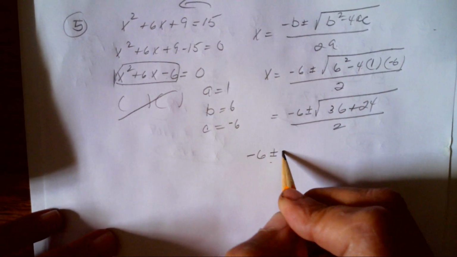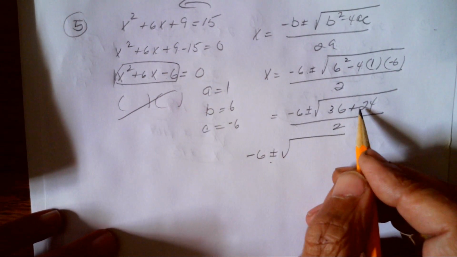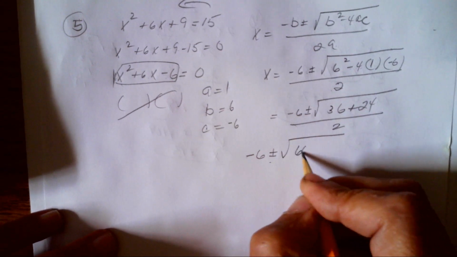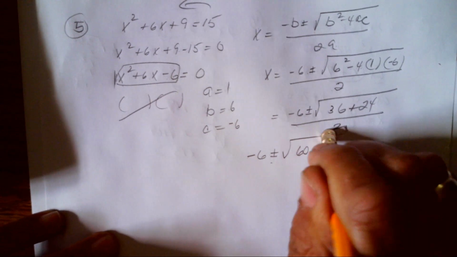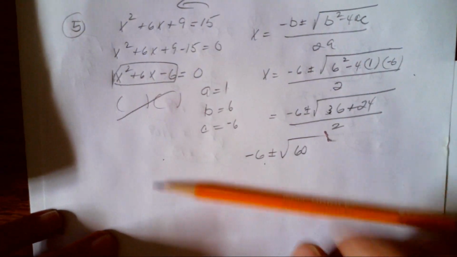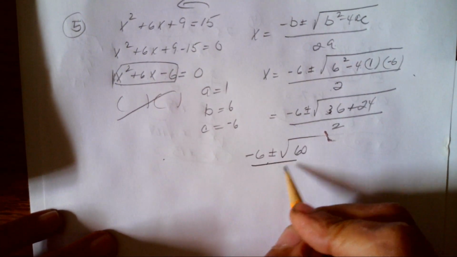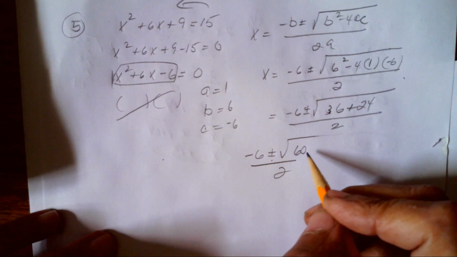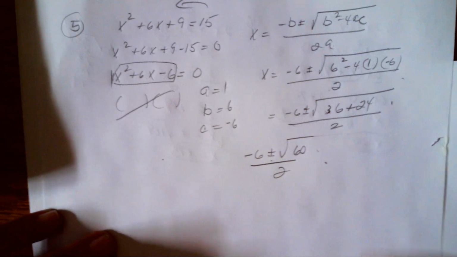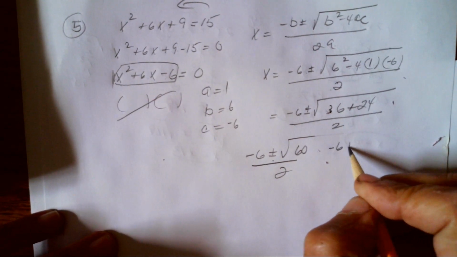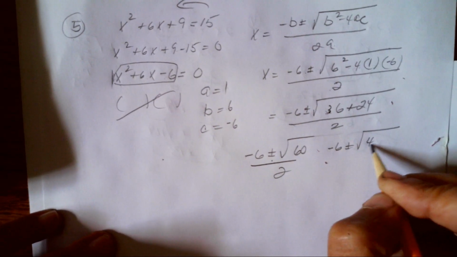Minus 6 plus or minus the square root. 24 and 36 would be 60. And this divided by 2. Now 60 is not a perfect square, but I can express 60 as 4 times 15.